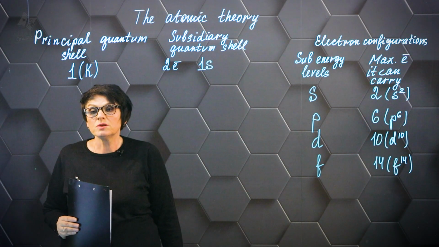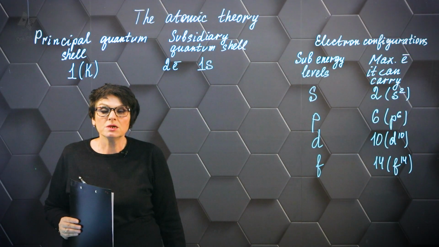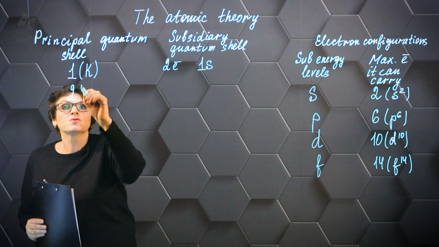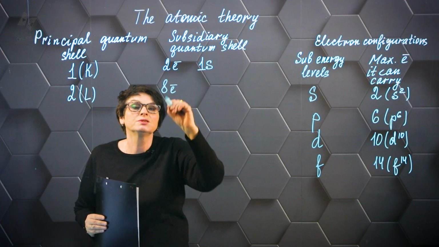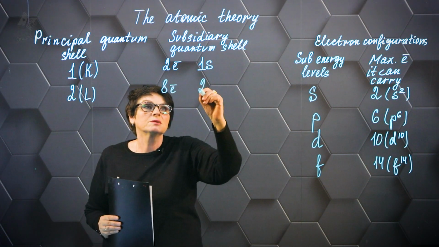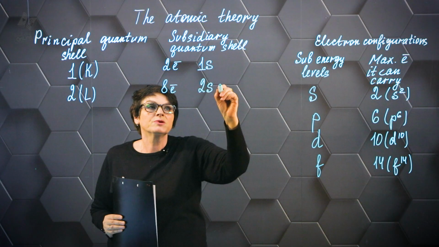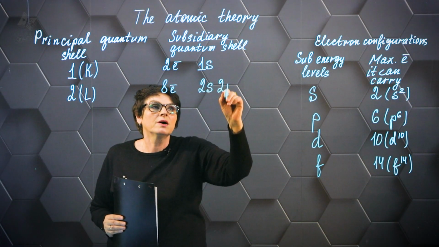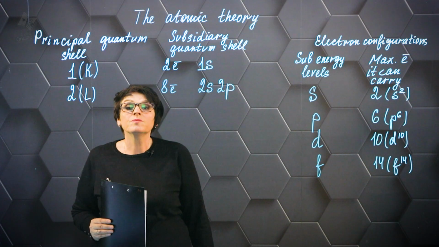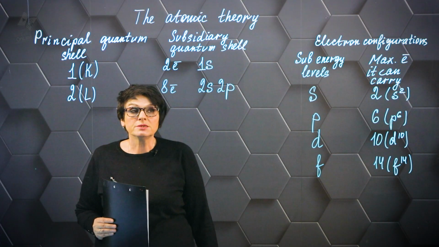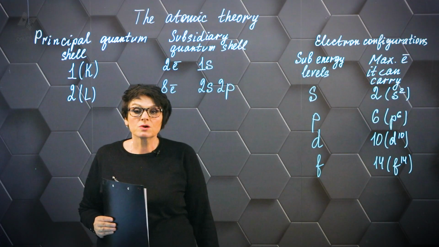Then in the second level, the number of maximum electrons is 8, and therefore here the S sublevel is filled, and then the P sublevel is filled. The S sublevel is filled by lithium and beryllium, and the P sublevel is filled from boron to neon.